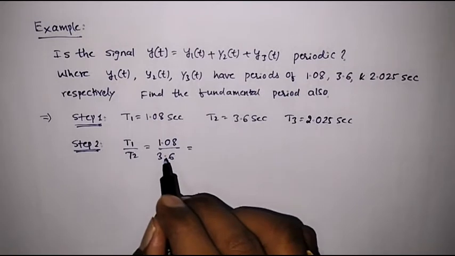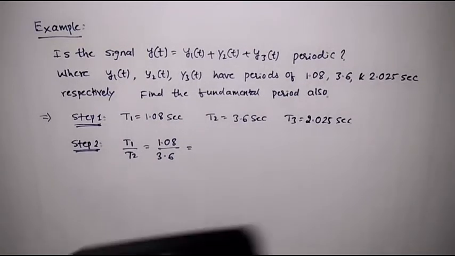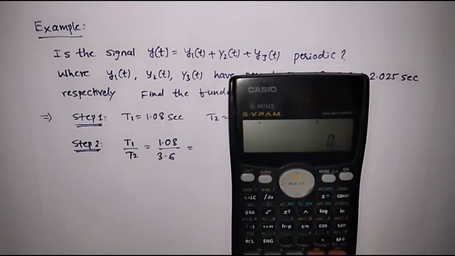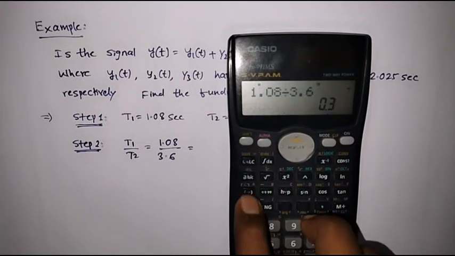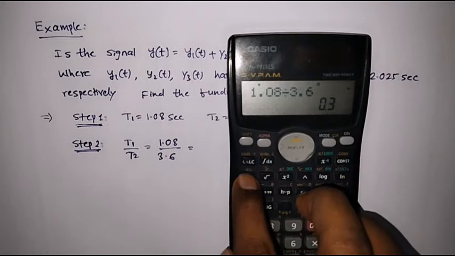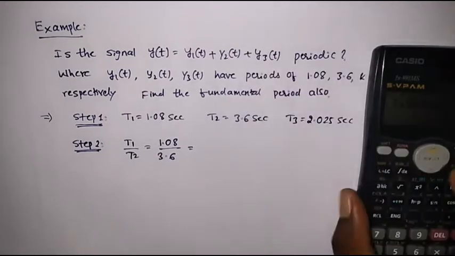It should be expressed in terms of integers. So here I can show 1.08 divided by 3.6, which is equal to 0.3. Just press this key, we'll get 3 by 10. So I can represent it as 3 by 10.